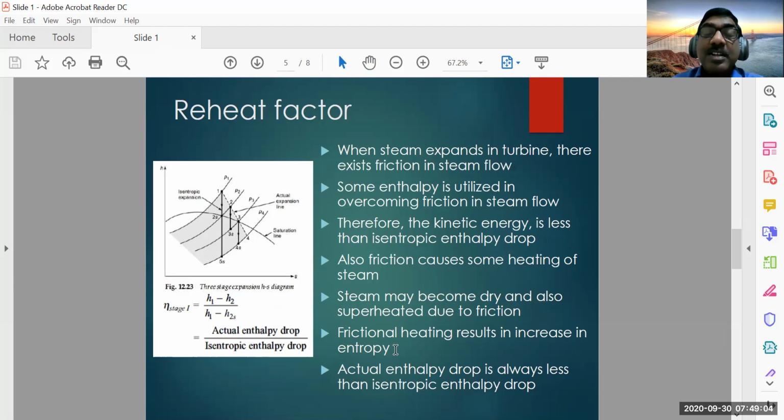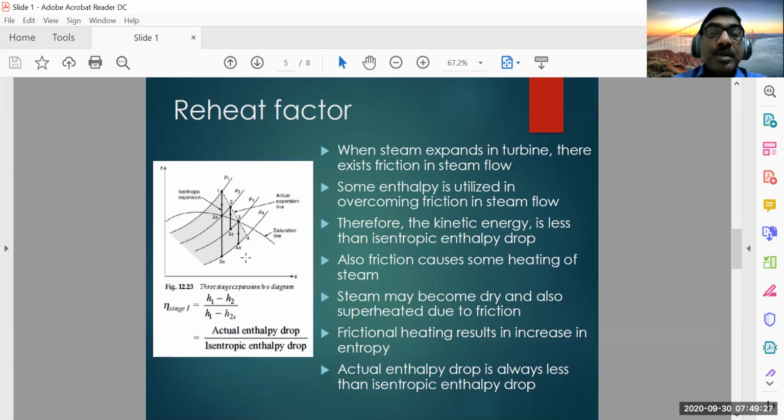There is energy, but it is not useful. What is the meaning of entropy? It is the energy which is not useful or irreversible. Entropy is the indication of irreversible energy. We cannot get that. So the frictional heating will result in an increase in the entropy.